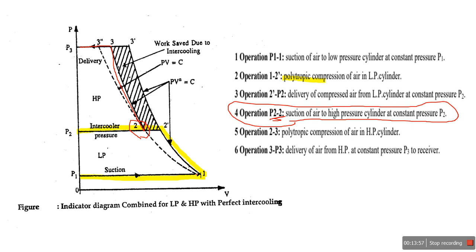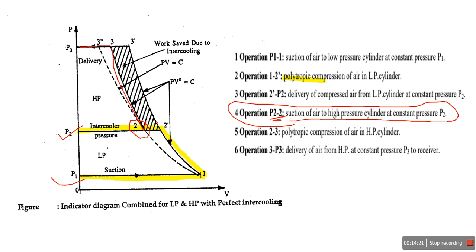In case of perfect intercooling, the pressure ratio per stage is equal: in two stage compression, P2 upon P1 is constant. In multi-stage, P2 upon P1 is equal to P3 upon P2. When cooling is perfect, point 2 will be on the isothermal curve. I told that.